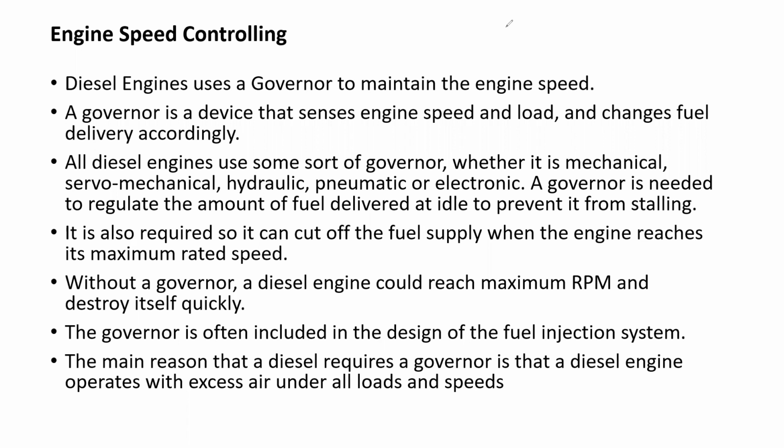But because of how the fuel works and the inertia of the diesel engine, it tends to continue speeding up. 2000, next 2100, 2200, 2300, likewise it will keep increasing, right? That's a problem in the diesel engine, not like a petrol engine. In a petrol engine, if you put the accelerator at a certain amount, it won't go beyond that speed. But in the diesel engine, it will continue to speed up.